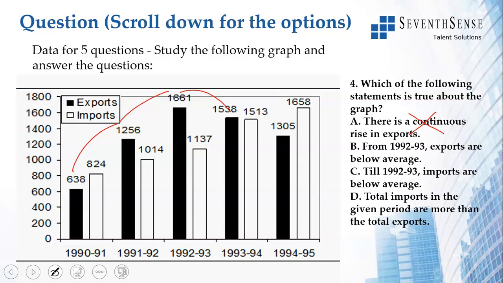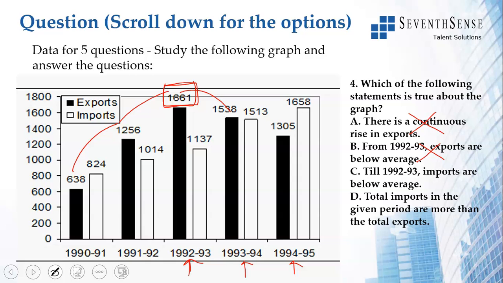From 90 to 93, exports are below average. If you see exports, this is the highest, so the average has to be lower than 1661 for sure. You can't say that in these 3 years exports are below the average, because this is the highest number. Hence, this is also false.